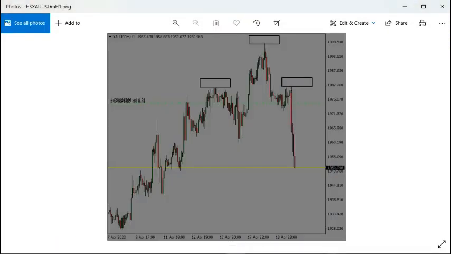And this is gold, the same pattern which I showed you, and you can see I managed to take a screenshot of this one. So this is my first target. I had multiple trades in. The first target was hit, and I trailed my stop loss into profit, but I left one on each pair.